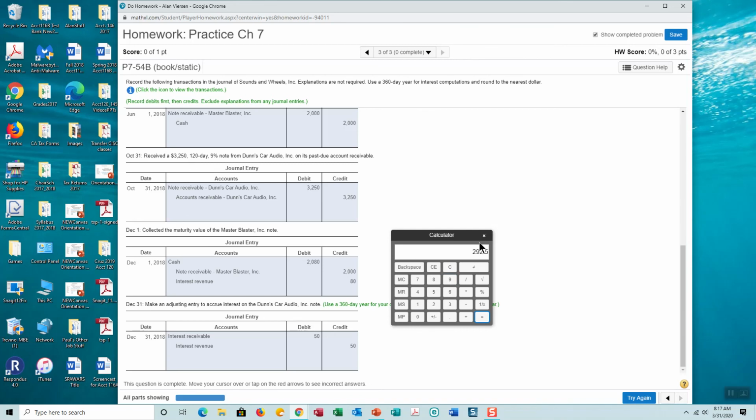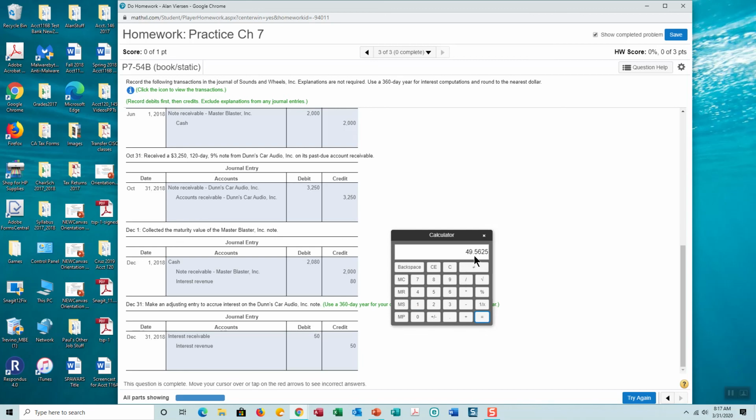This is the annual interest, and now I'm going to multiply this by the days. Believe it or not, October 31st to December 31st is actually 61 days. So 61 days divided by 360.